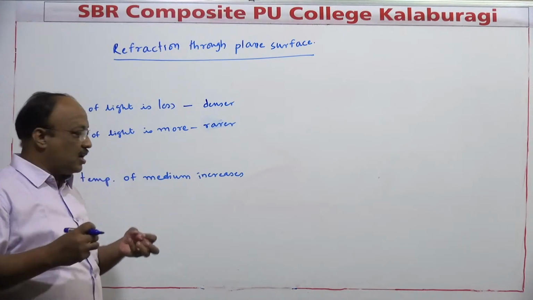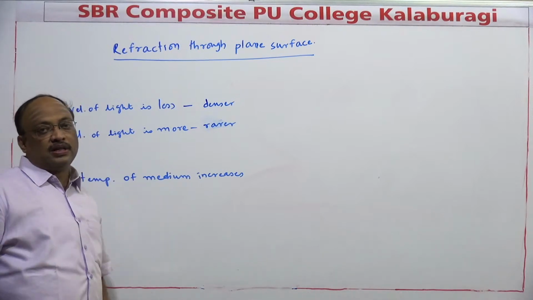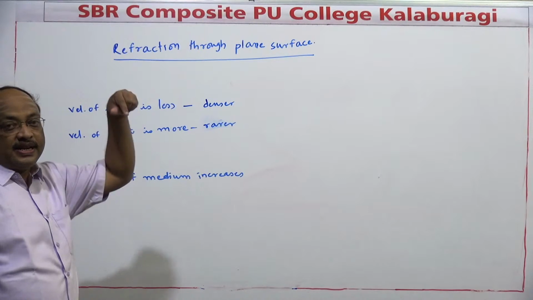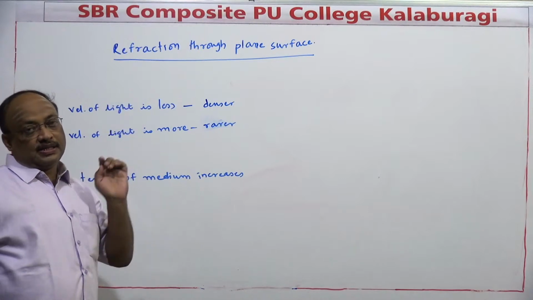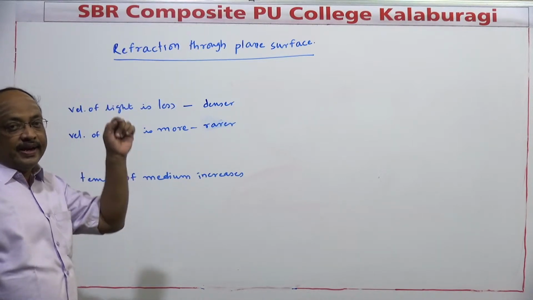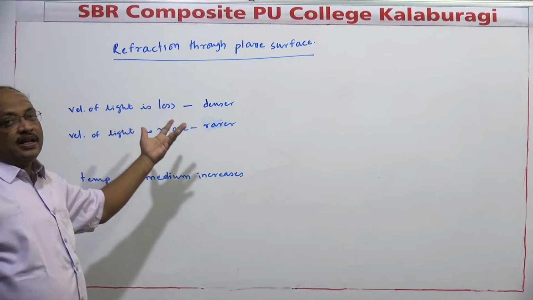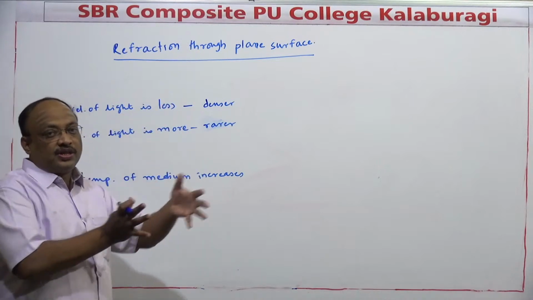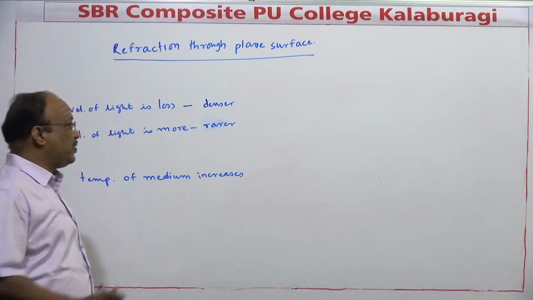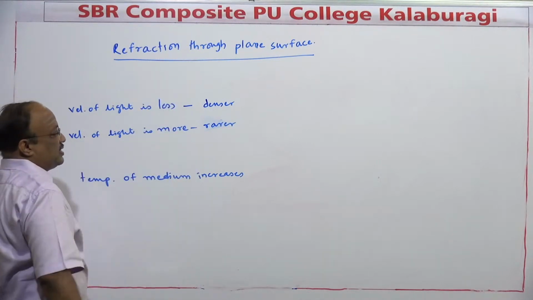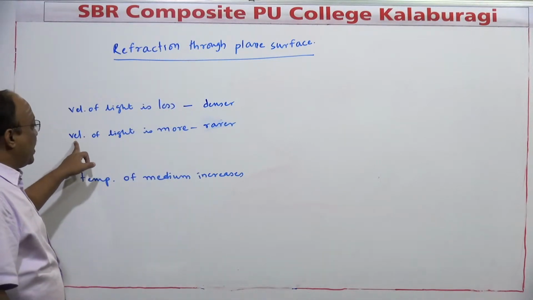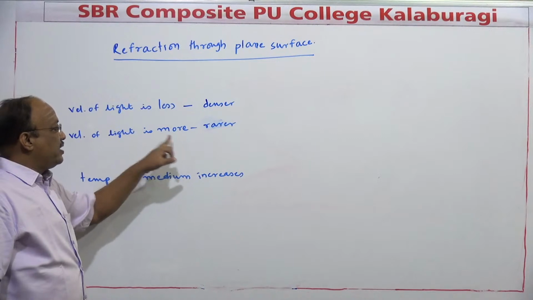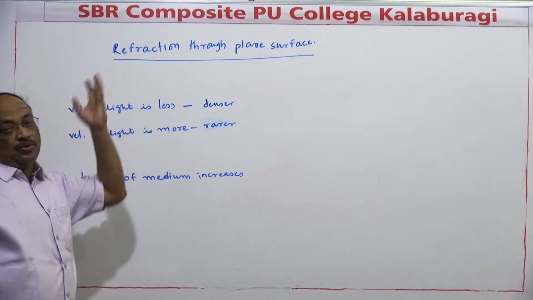If the molecules are moving away from one another, the density is decreasing. Because of that, the velocity of light becomes more.